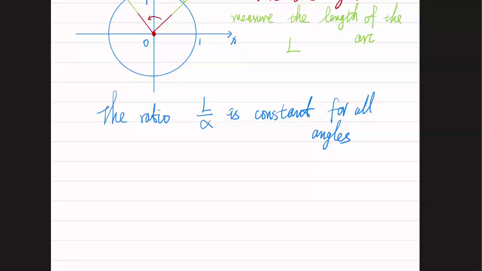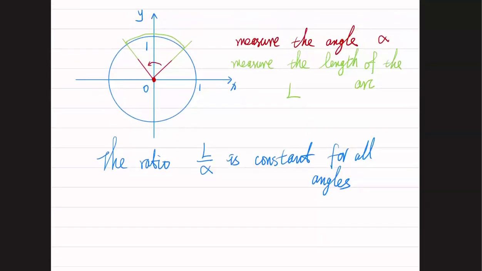So two different measurements. Measure the angle: starting, ending position, the angle. Starting, ending point, the length of the arc.